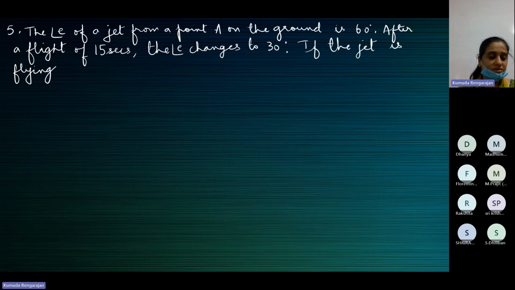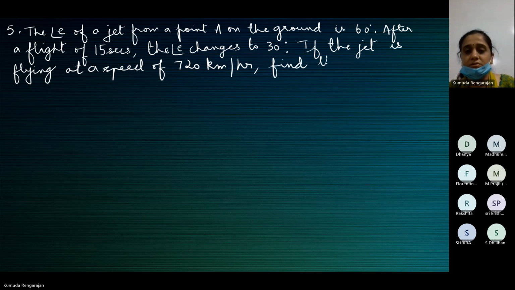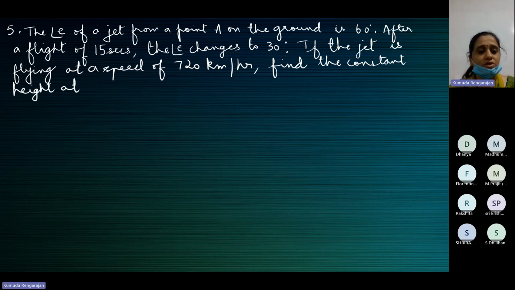After a flight of 15 seconds, the angle of elevation changes to 30 degrees. If the jet is flying at a speed of 720 kilometers per hour, find the constant height at which the jet is flying.